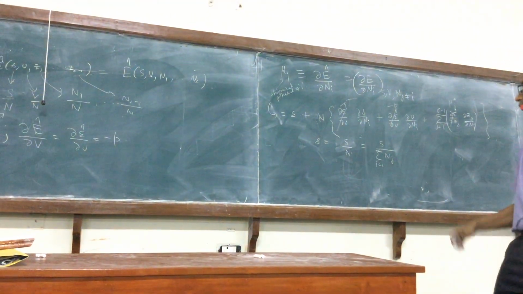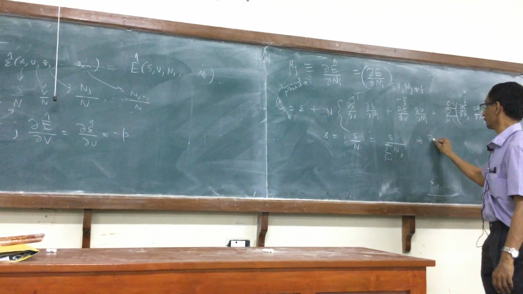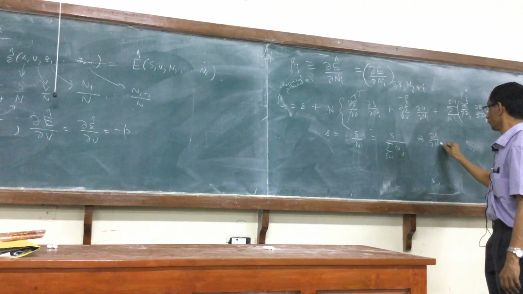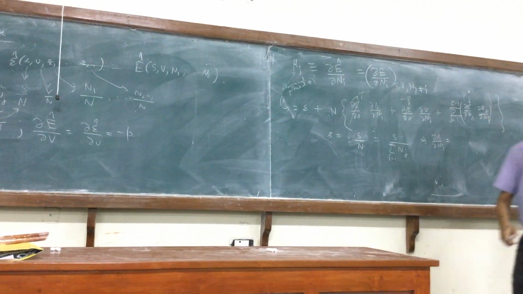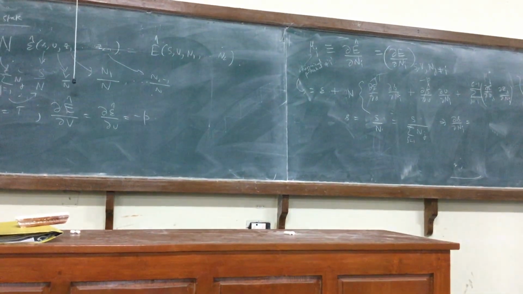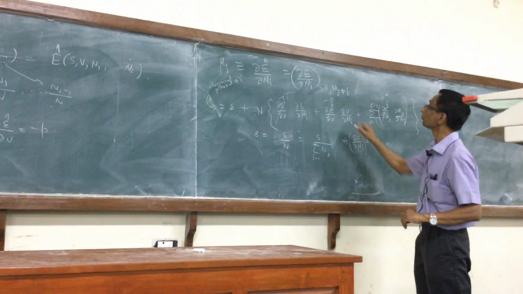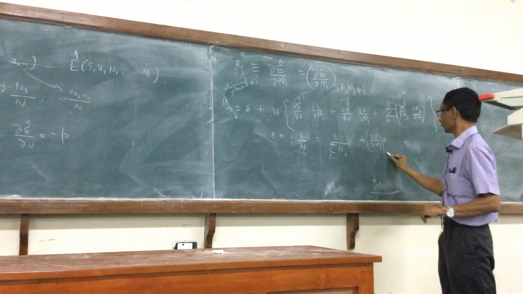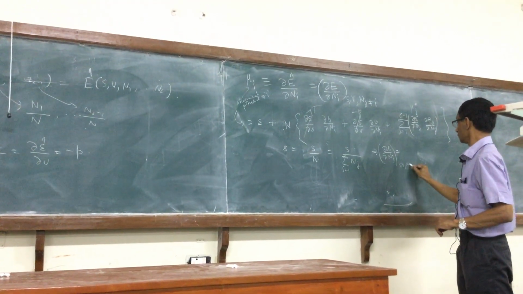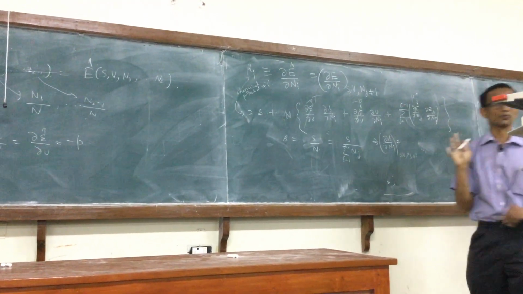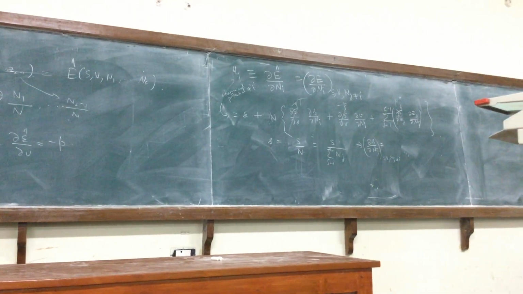Now tell me what is ds by dNi. This partial derivative means S, V, and Nj for j not equal to i are kept fixed; that is so I am not writing it each and every time.